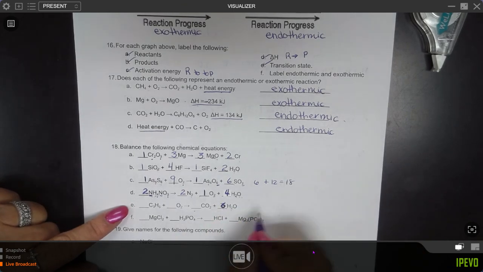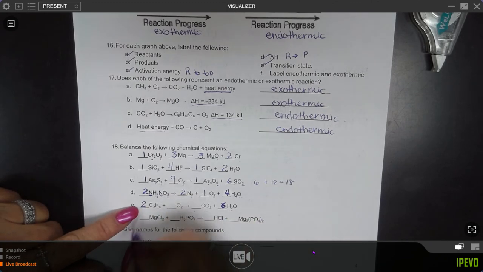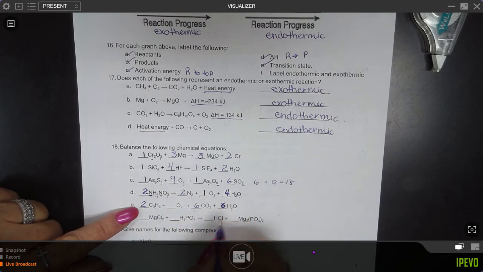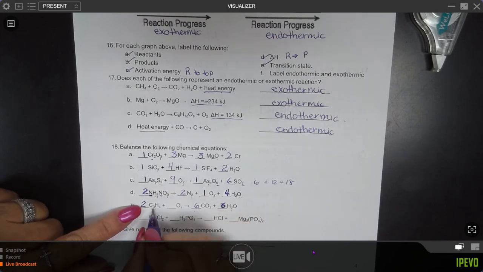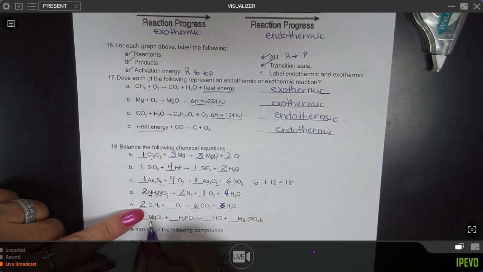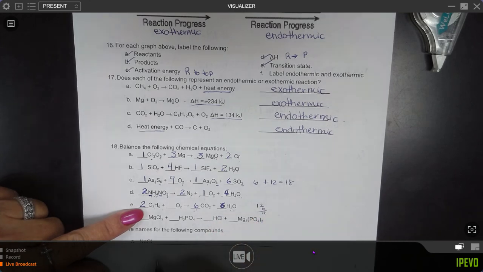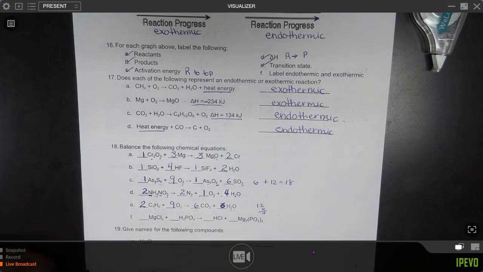So 6 times 2 is 12 hydrogen. So I would need 2 of these. 2 times 3 is 6 carbon. So now I've got 6 carbon on each side, 12 hydrogen on each side. Over here I have 6 times 2 is 12 and 6, 18 oxygen, so I need a 9. So 2, 9, 6, 6.